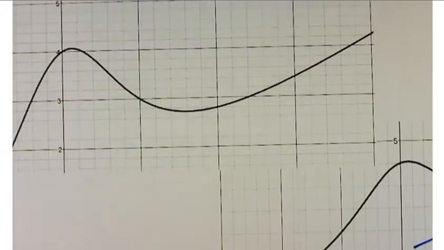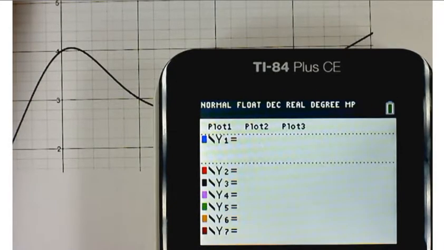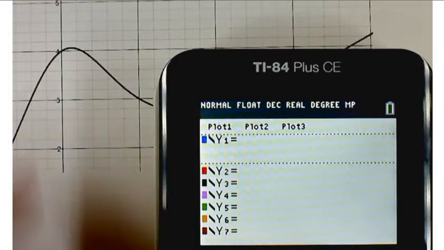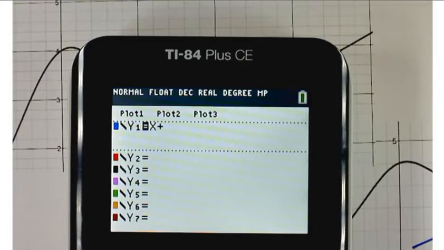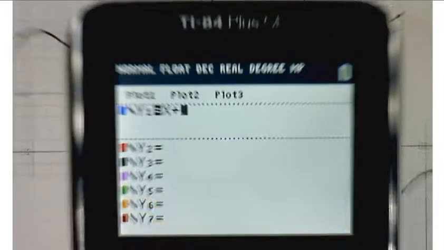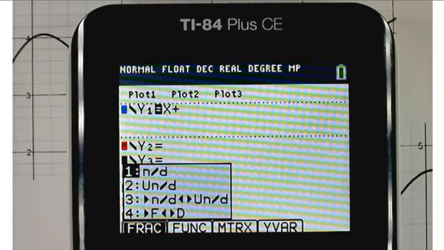But plug this function into your calculator, and let's just kind of surf around and see if we can't estimate some of the mins and maxes. So x plus, let me remind you, in case you have a calculator that's up to date with the latest operating system, if you hit the alpha key, then the y equals key, you can type in fractions.